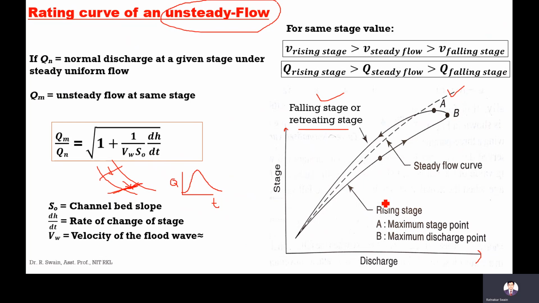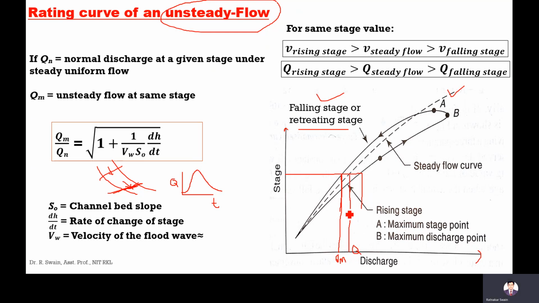Here the velocity in the rising stage is more than the velocity of the steady flow for the same stage value. For one particular stage, here is the discharge of the falling stage, and this is the discharge of unsteady flow.